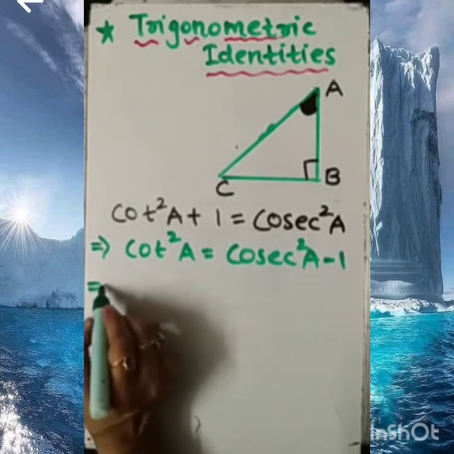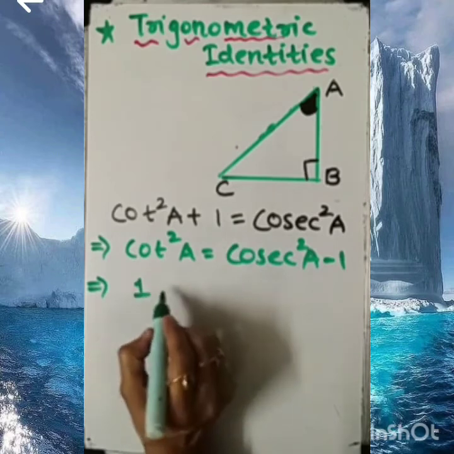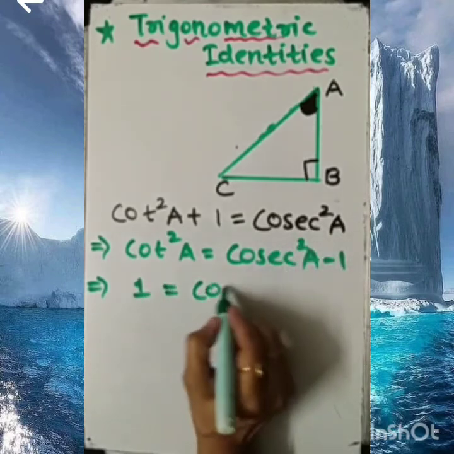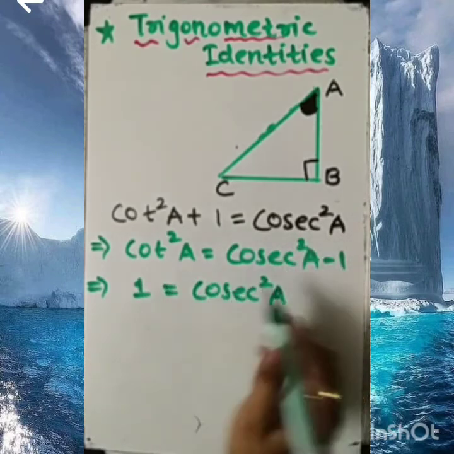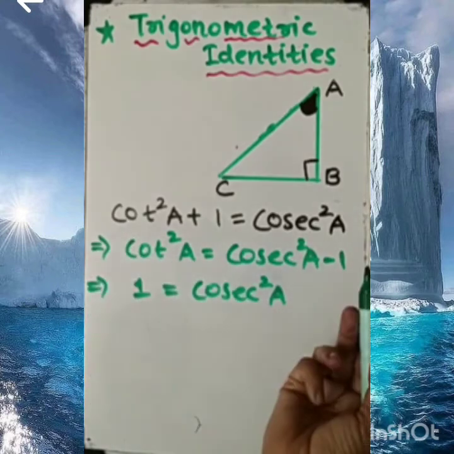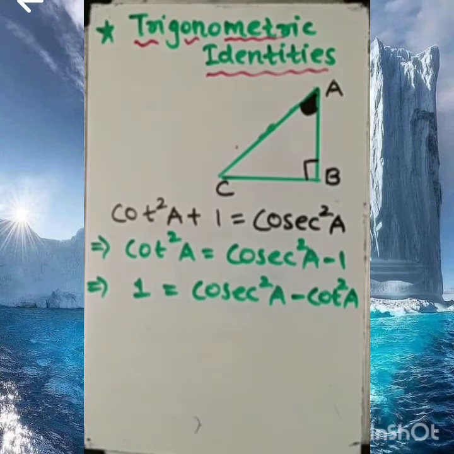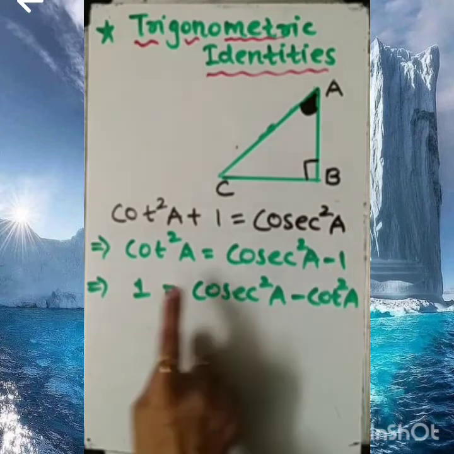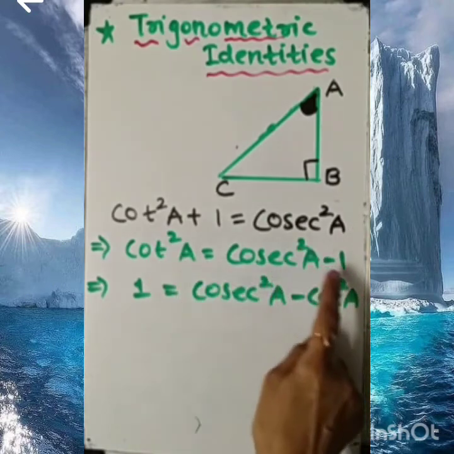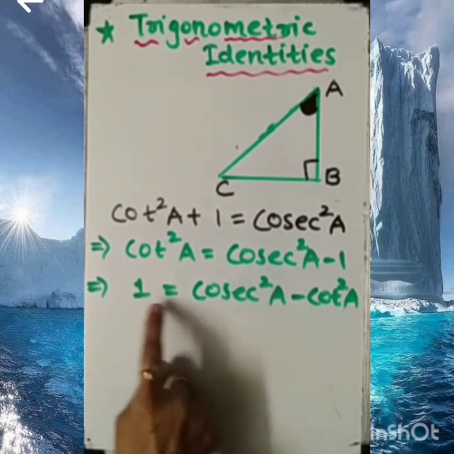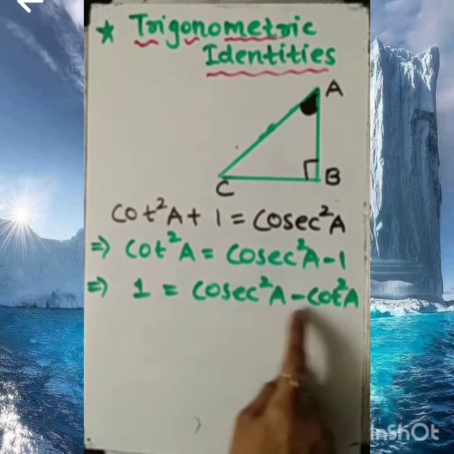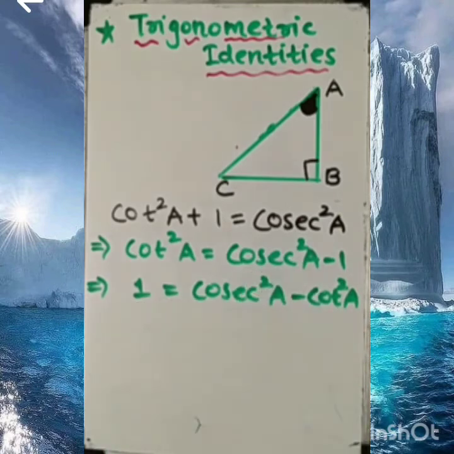And if I am keeping 1 on the left side only, and the right side is already cosec square A, this time I am transposing cot square A to the right side. So it will be minus cot square A. So finally I can say that these two are the results of this third identity. That is cot square A equal to cosec square A minus 1 and 1 equal to cosec square A minus cot square A.